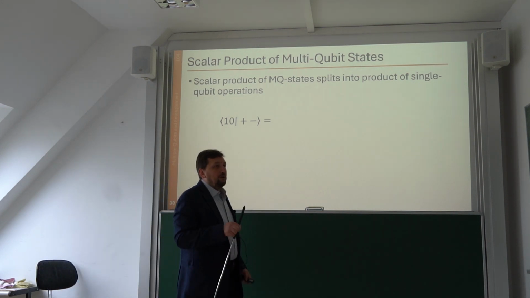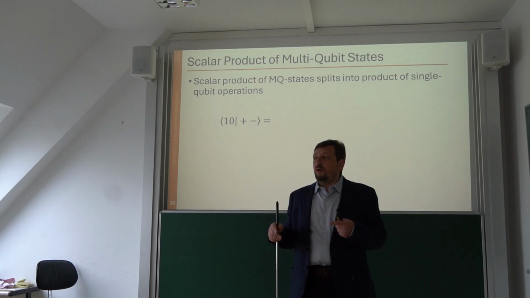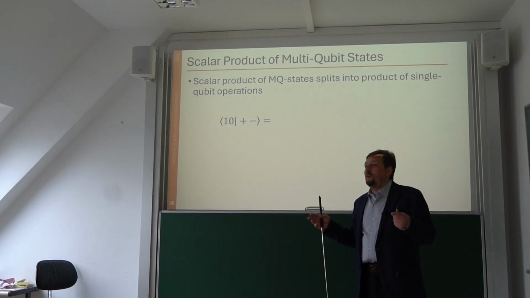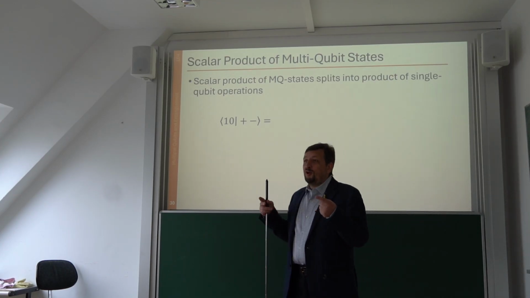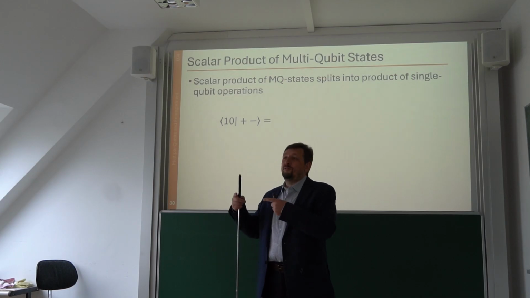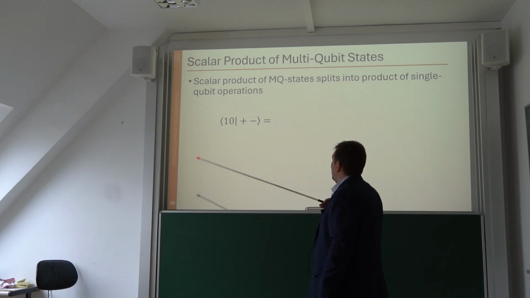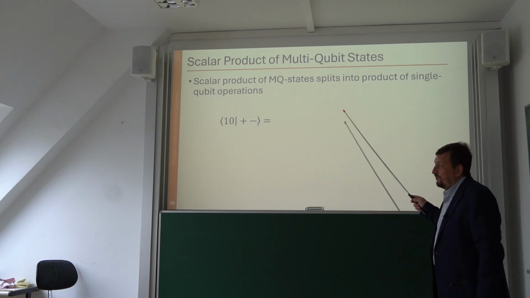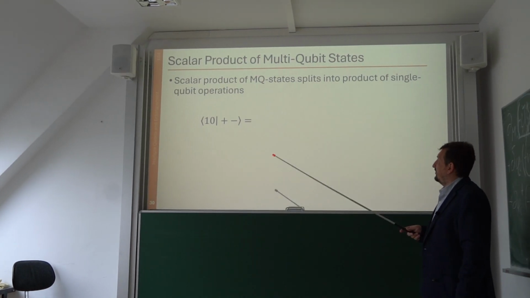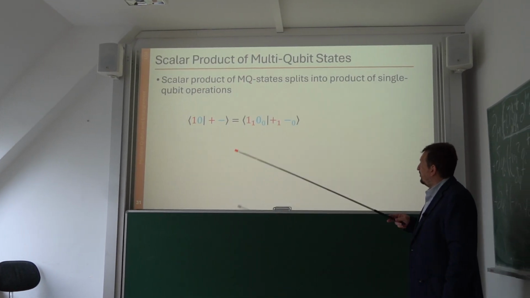So the scalar product for multiple qubits is calculated the same as the scalar product for usual vectors. If we have several coordinates x, y, z, for one coordinate the scalar product is just the product of the x coordinates. If we have several coordinates, we add these results for different coordinates.